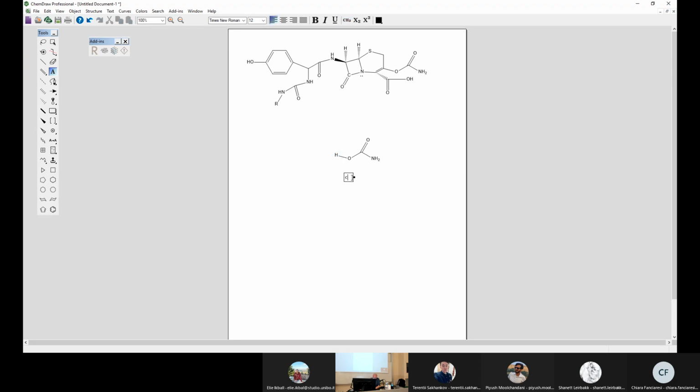This is called carbamic acid. Why? Just a moment. The difference between acetic acid and carbamic acid.